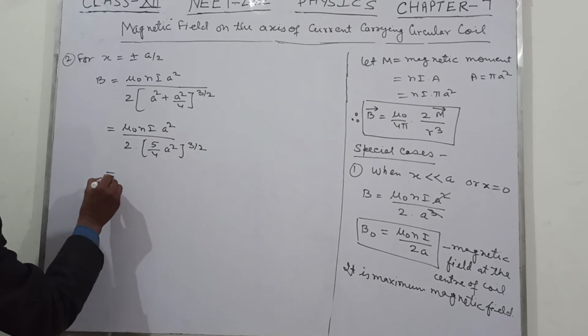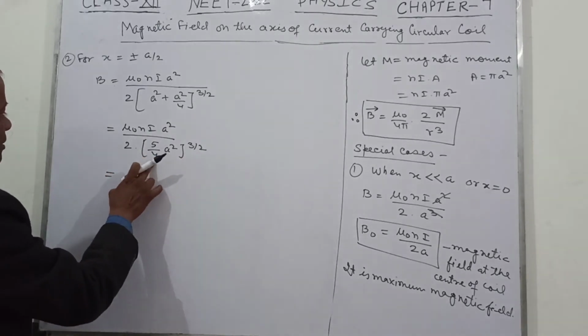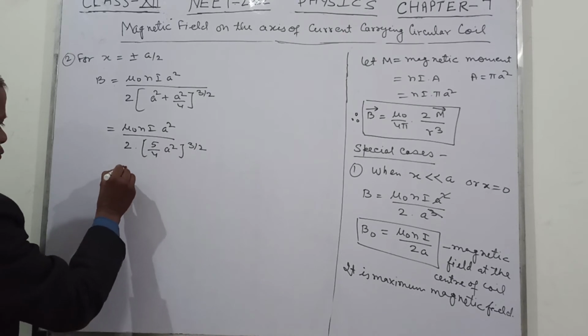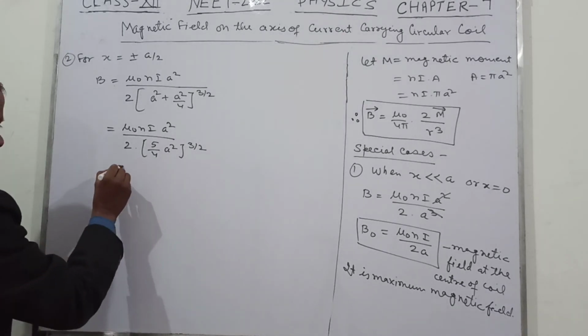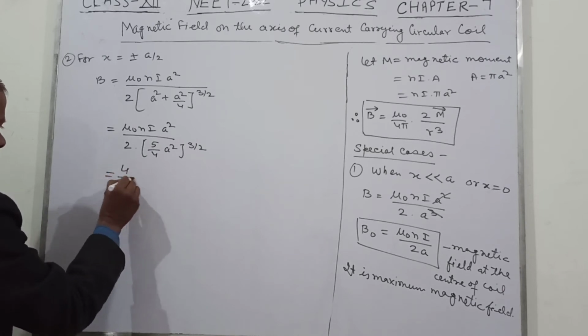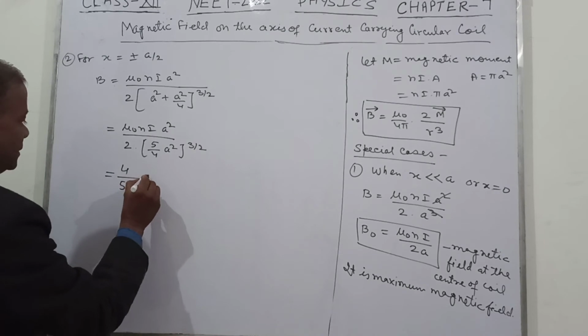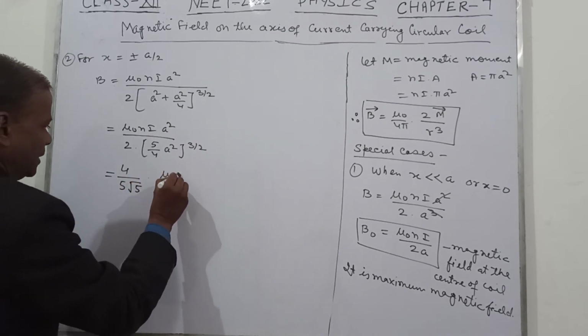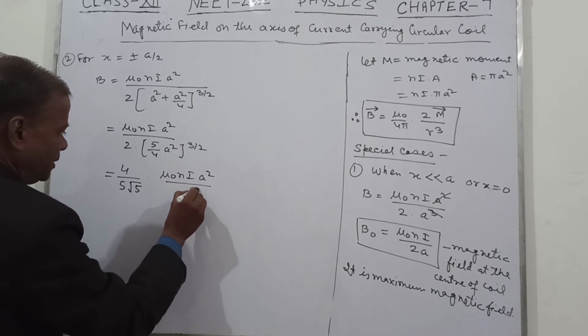So this will be 4 upon 5 root 5, and this is mu naught n I a square upon a cube.